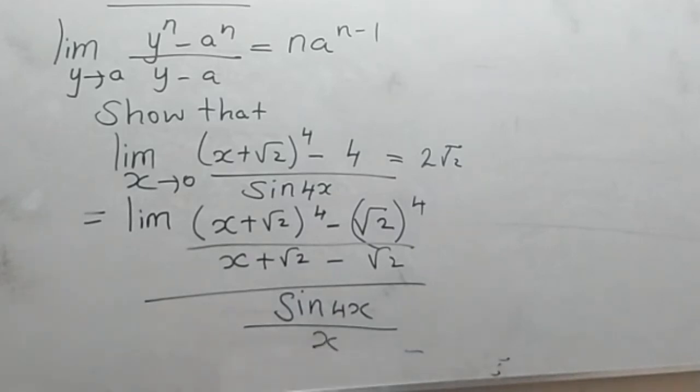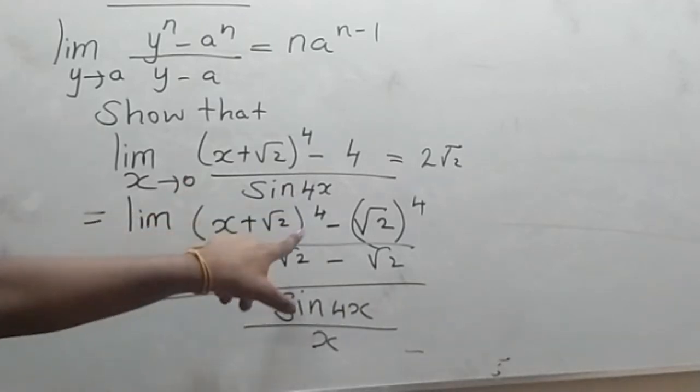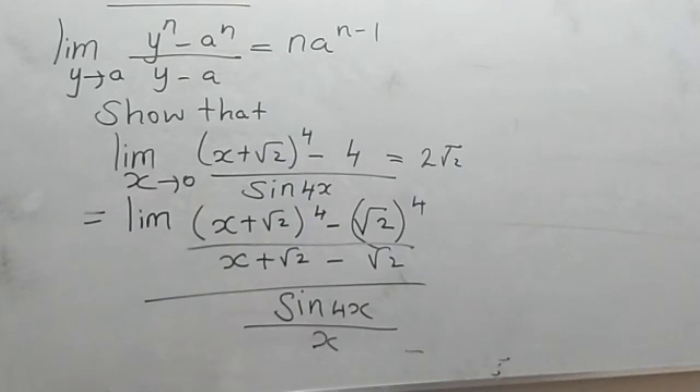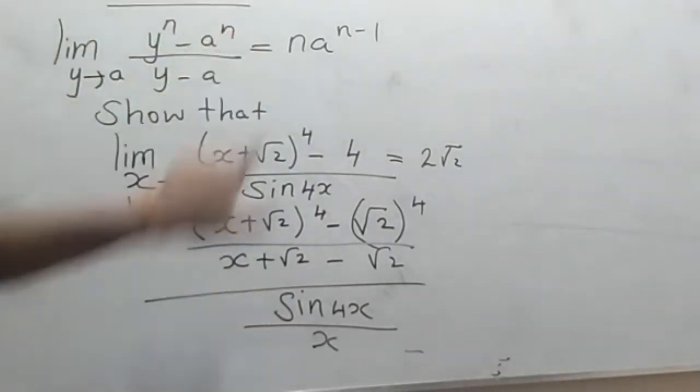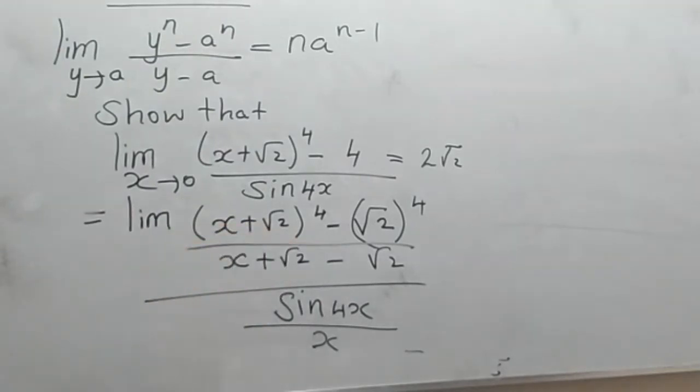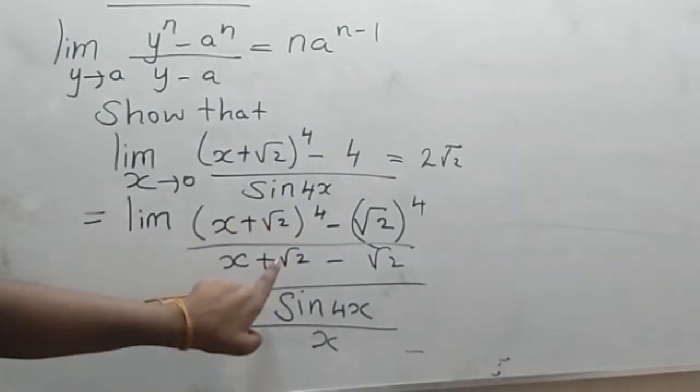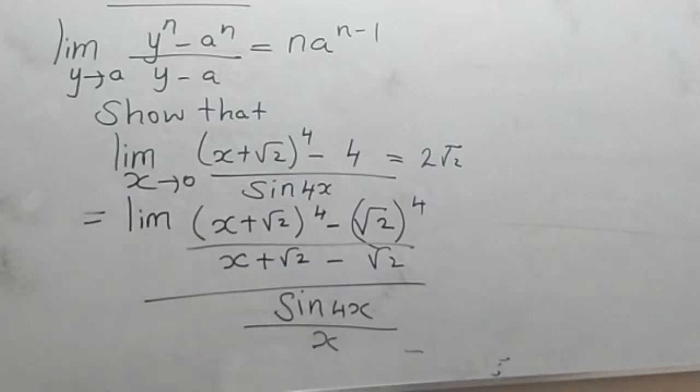Understood or not? First of all, you see x plus root 2 to the power 4 minus root 2 to the power 4. If we want to use this theorem, what should be in the bottom? X plus root 2 minus root 2. So, adding root 2 and subtracting root 2, no any problem. So, there should be x. So, how to get that x? Then only we can write it in this format.